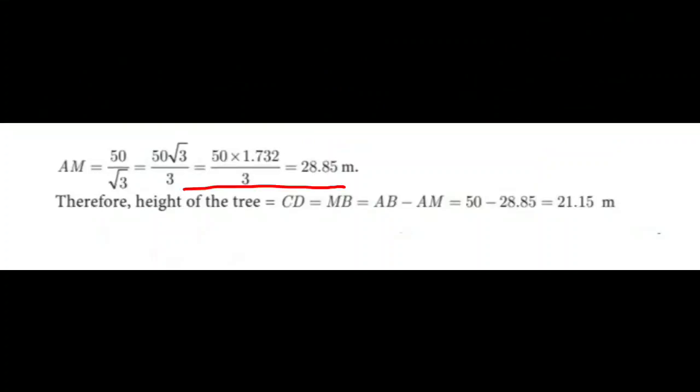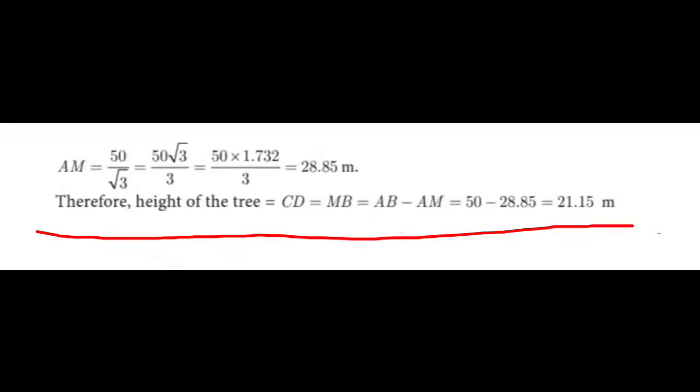Then AM is equal to 50 into 1.732 divided by 3, since root 3 is equal to 1.732. After simplification, AM is equal to 28.85 meter.